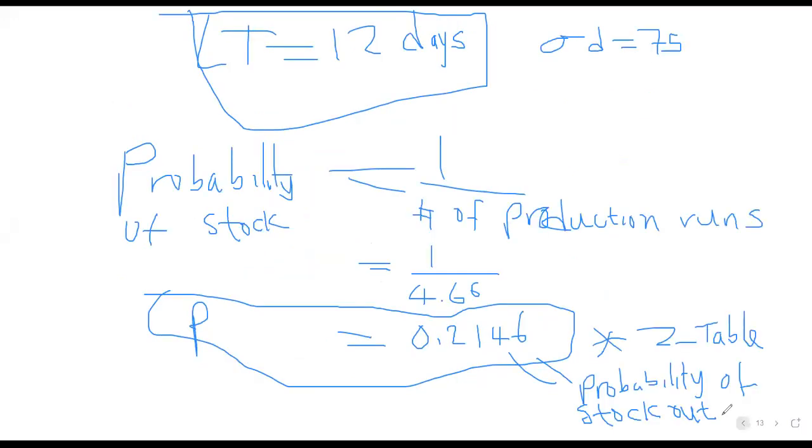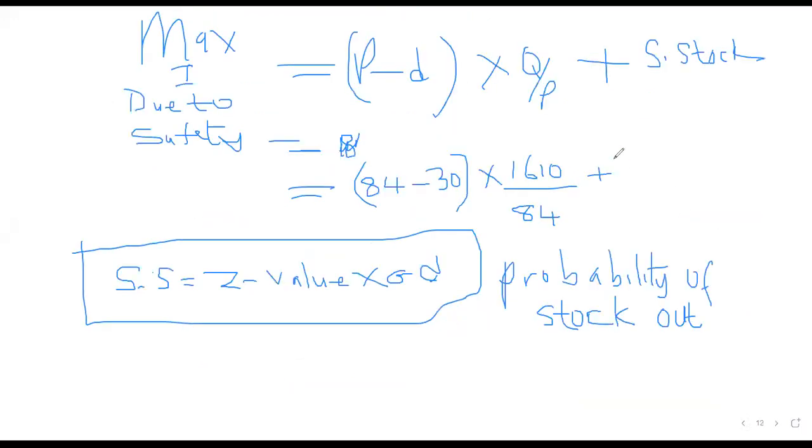So when getting the maximum inventory, we are going to add the safety stock of 59.25. Our maximum inventory is going to be, we can break this down, 54 by 1610 divided by 84, then plus the 59.25.